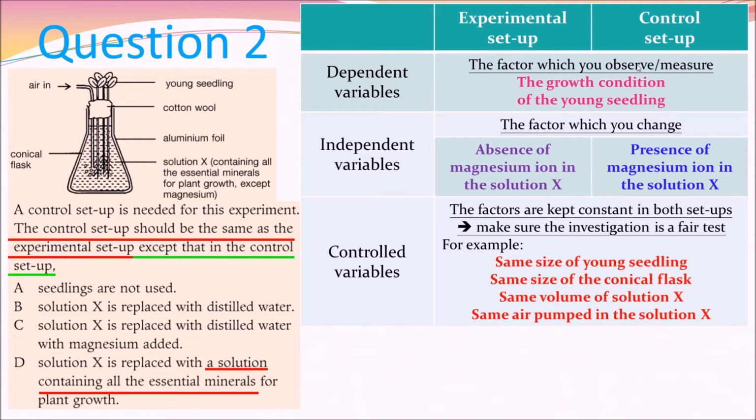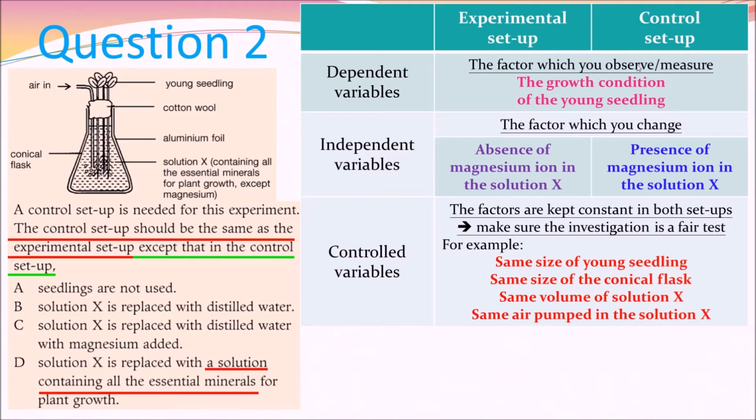So what are you measuring? You are measuring the growth condition. For example, number of leaves, size of leaves, color of the leaves, or maybe the height, or maybe the length of the root, something like this. The growth condition, that's something you observe.